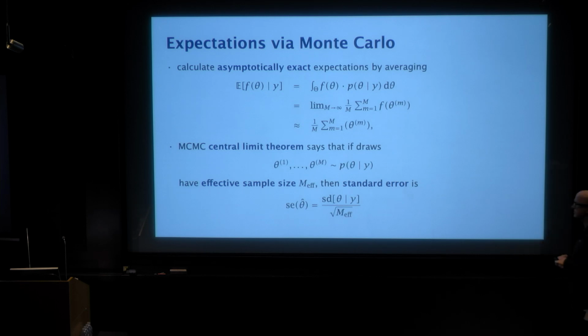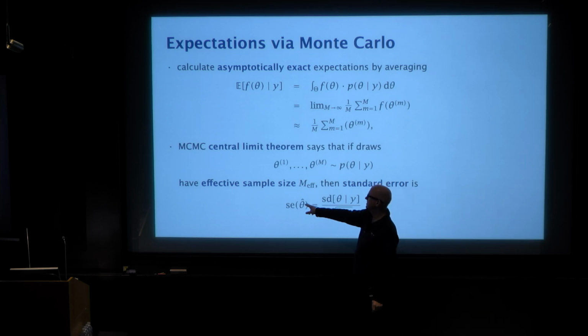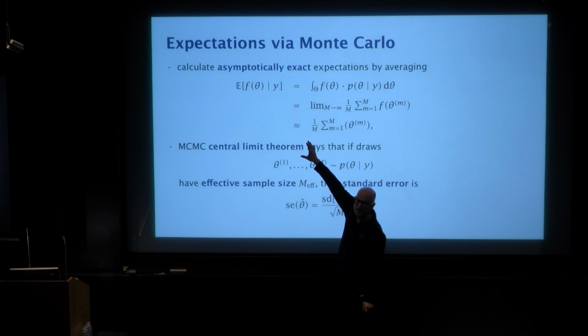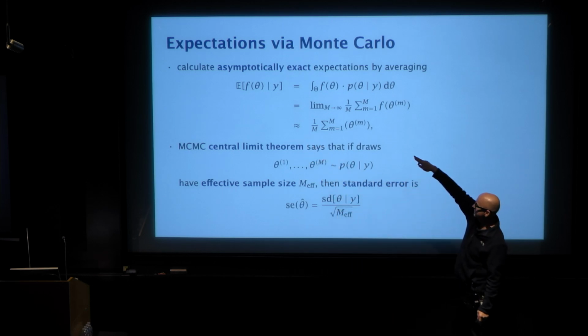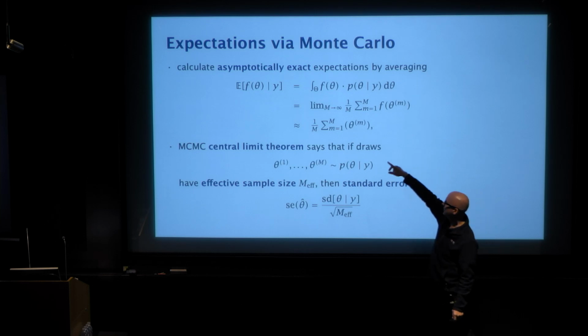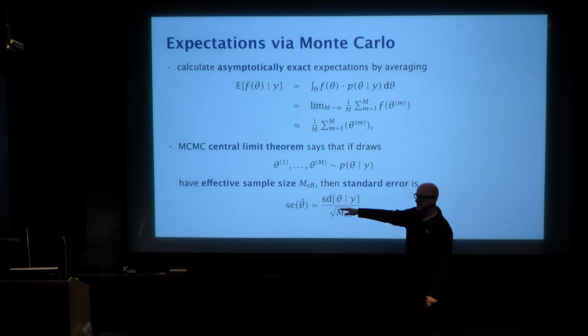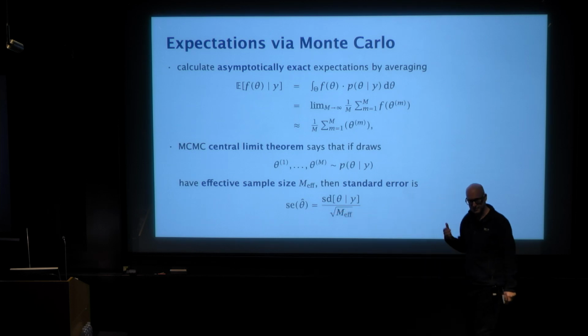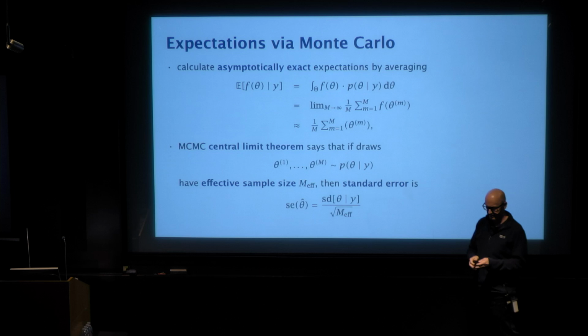And the MCMC central limit theorem says that the standard error of our estimates of this quantity, when we're doing this expectation, there's going to be some error in that because we've only collected finite amounts of data, and we've only collected finite amounts of samples, M. So the standard error, that is the error we expect to be making in estimating a parameter, is going to be the standard deviation of that parameter given the data, divided by the square root of the effective sample size.